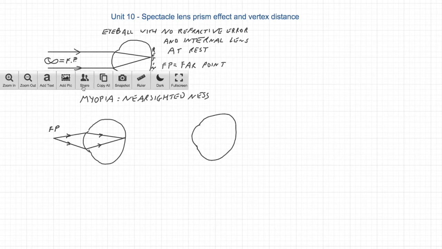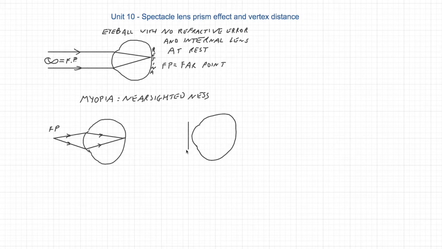Now what we do for nearsightedness is we prescribe concave or minus lenses. And light from infinity diverges through that concave lens.